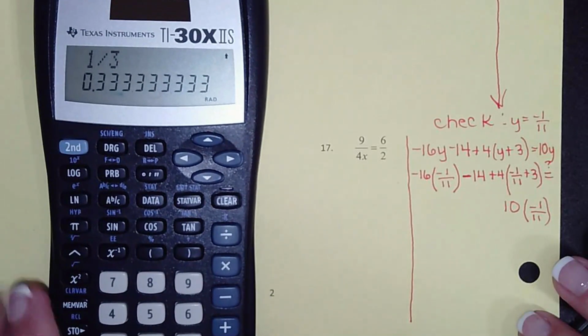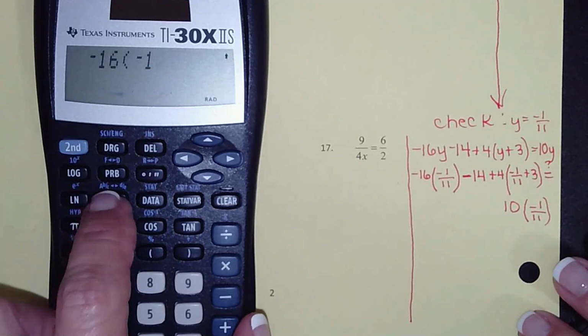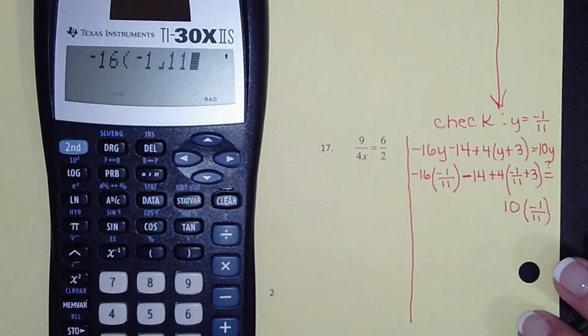So negative at the bottom of the calculator, 16, parentheses, negative at the bottom of the calculator, 1 fraction bar 11. Close your parentheses.